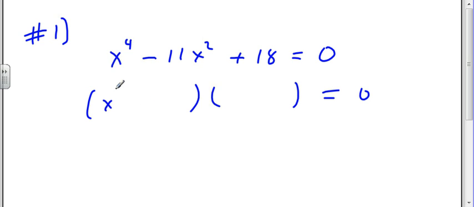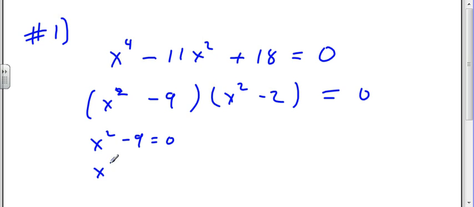So if I have x squared and x squared, and this is minus 9 and minus 2, then I'd have plus 18, I'd have minus 11. So then I have x squared minus 9 could be 0. x squared could be 9. x could be plus or minus 3.